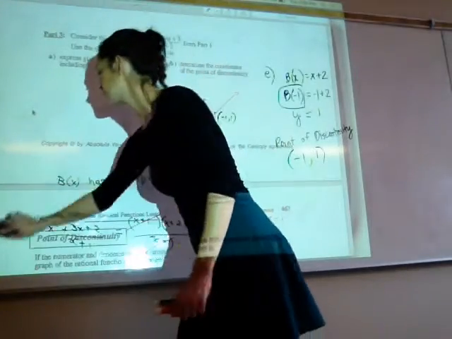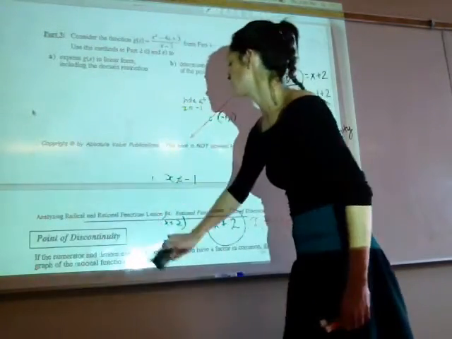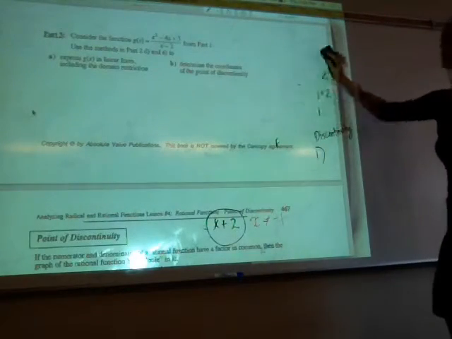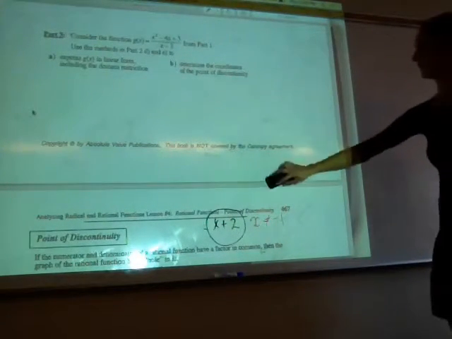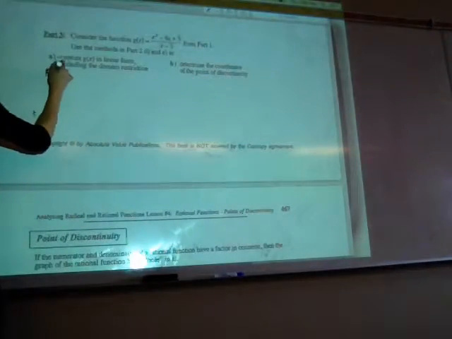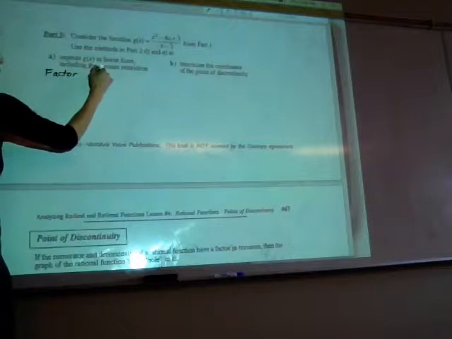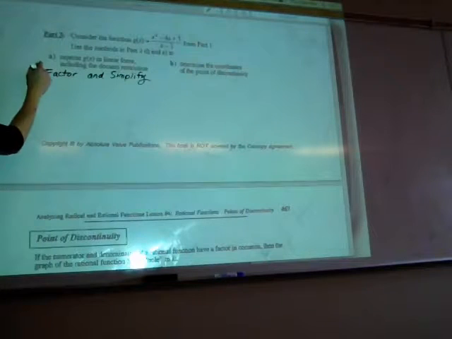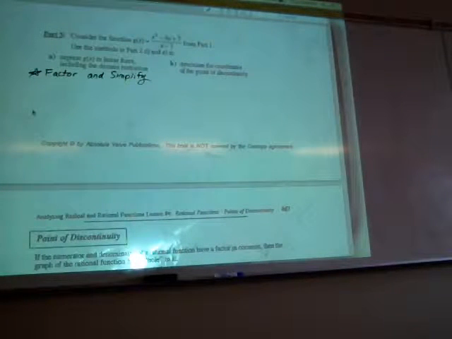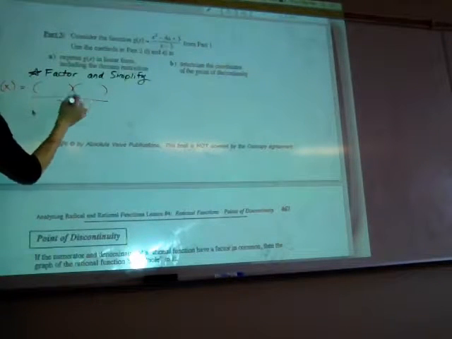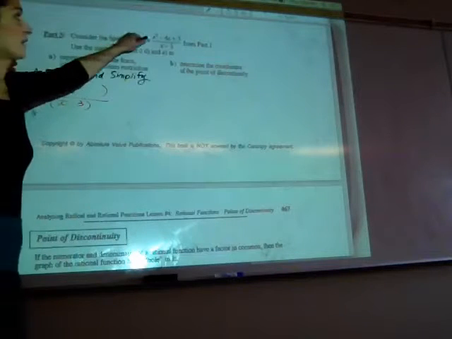Okay, without graphing this one, we're just going to reduce this function into simplest form. Okay, so it's telling us to express the original function g of x as a line, which pretty much means factor and simplify. So if I were to factor g of x, we have x squared minus 4x plus 3.